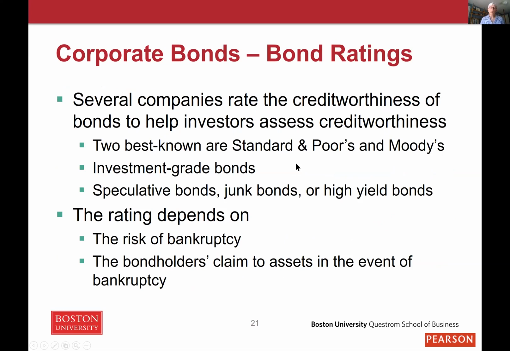So when we think about corporate bonds, one of the things we need to know is how risky are they? And that is where these credit rating agencies come in. So you've heard of Standard & Poor's, you've heard of Moody's. What they do is they look at what is the risk of this bond?